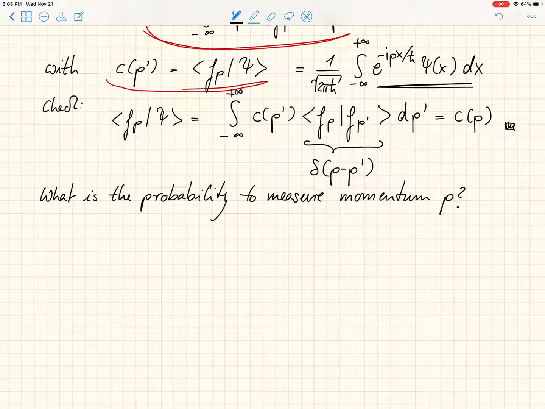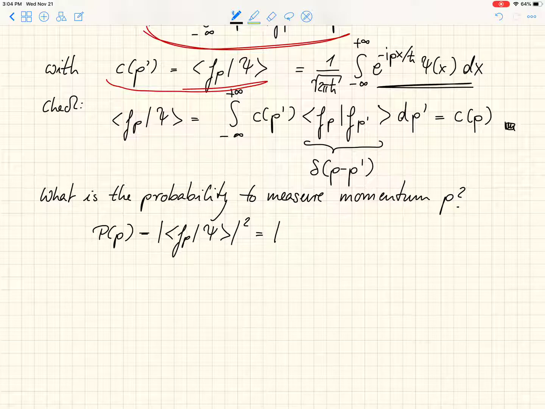The generalized statistical interpretation of quantum mechanics tells us that the probability density for measuring specific values of momentum p is given by the absolute value squared of c of p, |c(p)|^2. Okay, great.